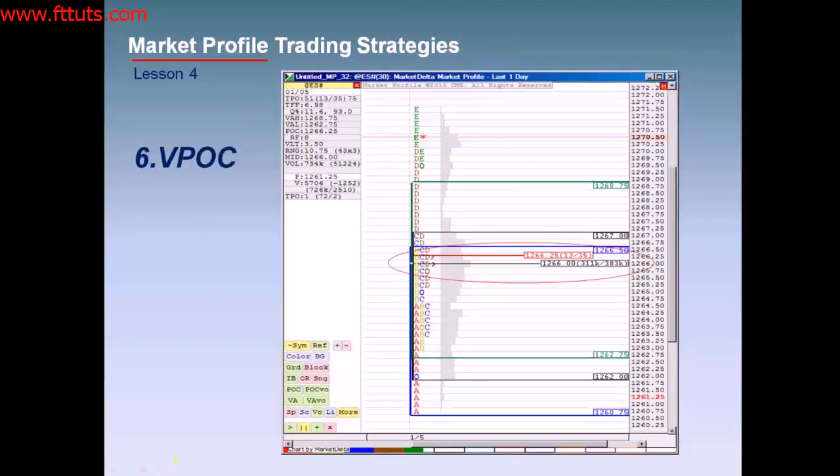The price POC was based on the value area based on price. The volume POC is, in fact, different from the price POC. The volume POC is the 1266 number that we see here, and the black line identifies that for us.